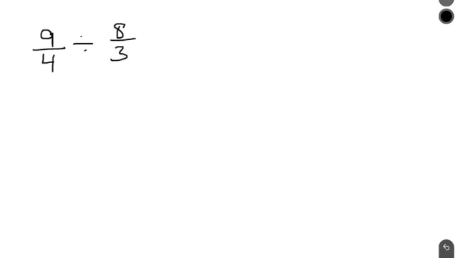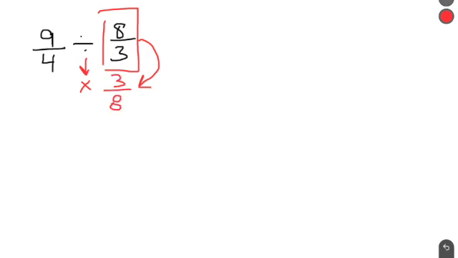Okay, so first thing we do is we flip this sign to multiply, and then we invert or we flip that fraction. Okay, once we do that, our next step would be 9 over 4 multiplied by 3 over 8.